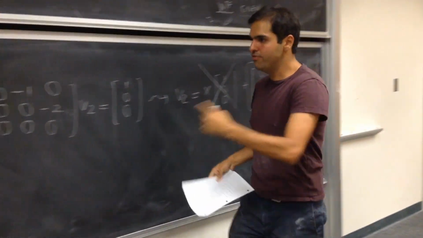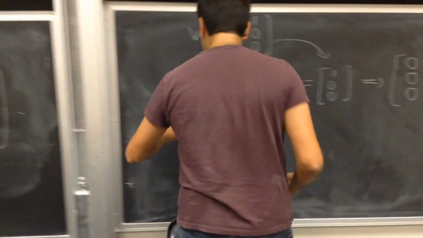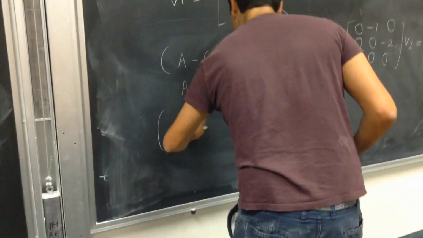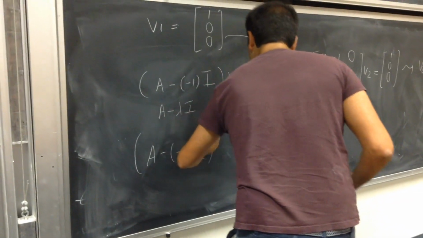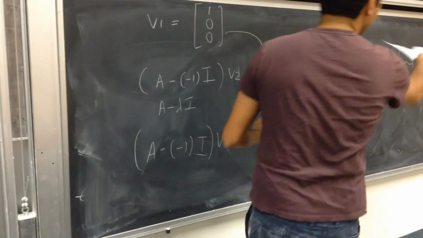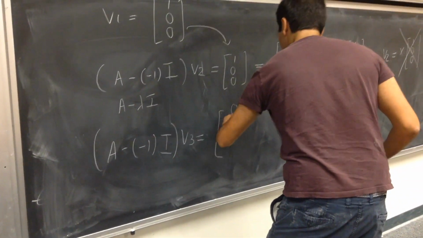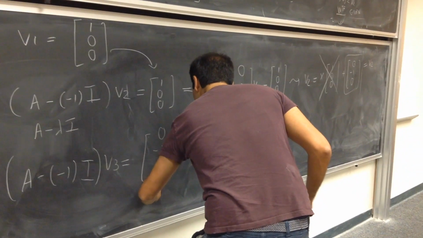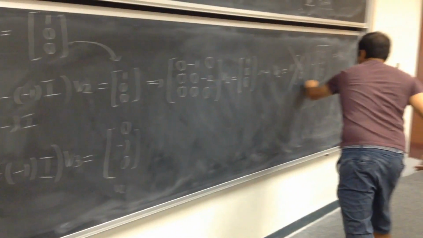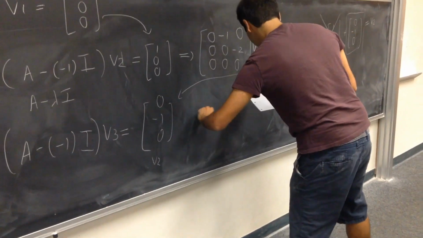Great. Now that we have v2, let's solve for v3. A minus (minus 1) I, v3 equals this v2. So 0 minus 1, 0. Again, I want to emphasize you just put this vector here.